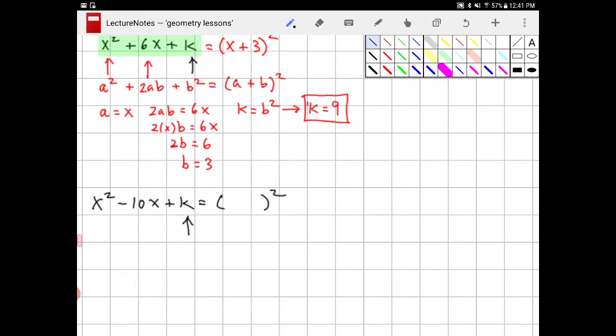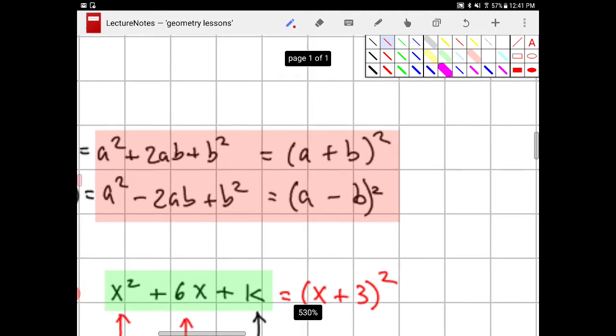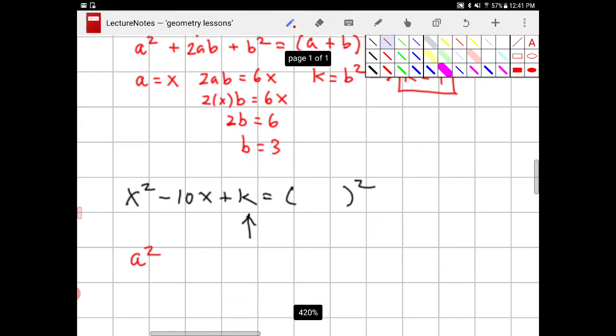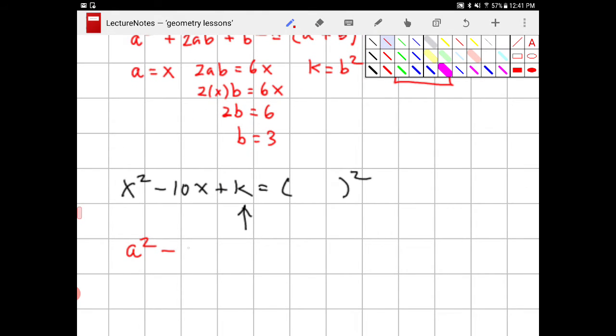Okay? So upon inspection here, what you should see is that this quadratic equation falls along the same pattern as the second equation from before, right? A squared minus 2ab plus b squared, because we're looking at the middle coefficient here. So it looks like a squared minus 2ab plus b squared.